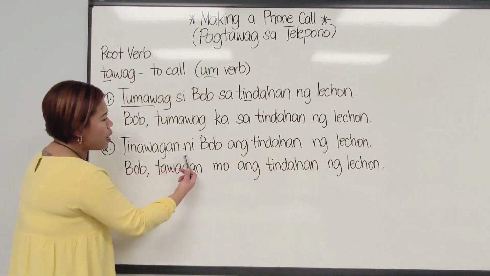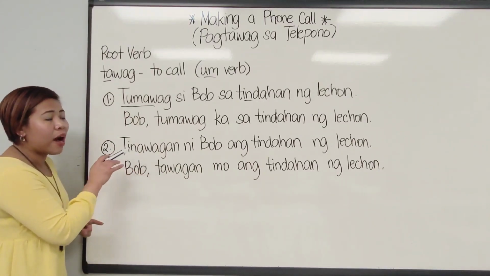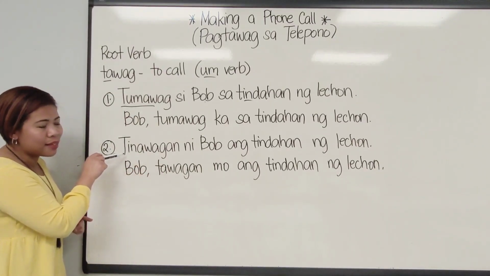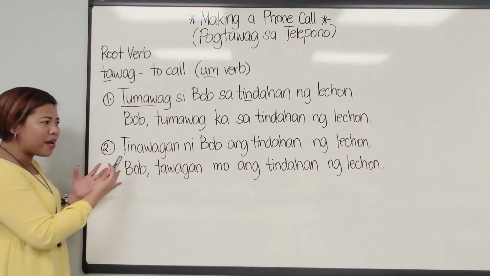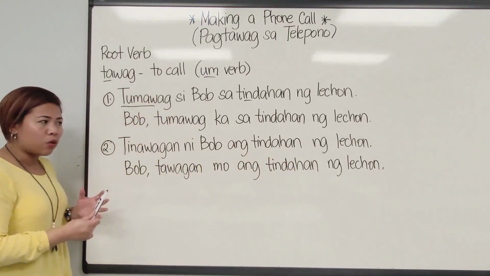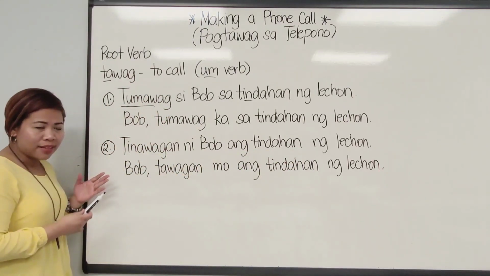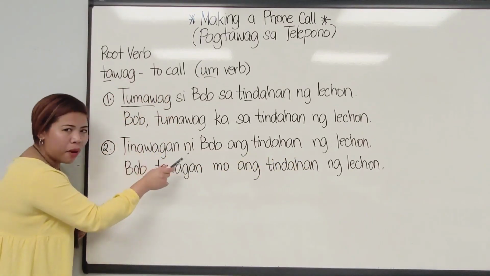The arrangement of the words here did not really change, but in English, if I am going to translate this sentence and the focus of my sentence, the subject of my sentence, will become the store, or the lechon store. So in English, I would translate this as the lechon store was called by Bob.